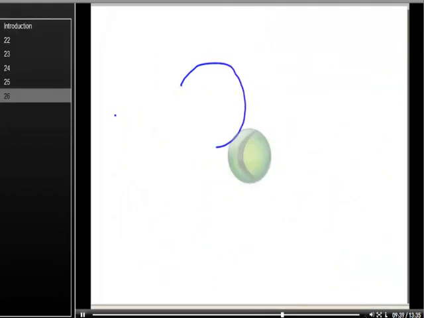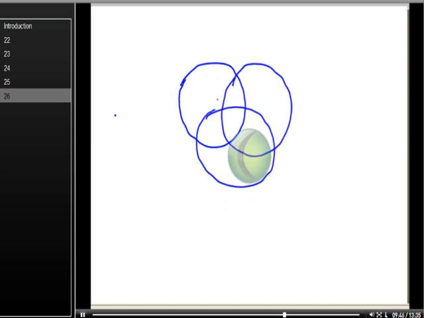We can do this sum by drawing 3 circles, and marking one as electronics, another circle for communication, and the third one for computers.